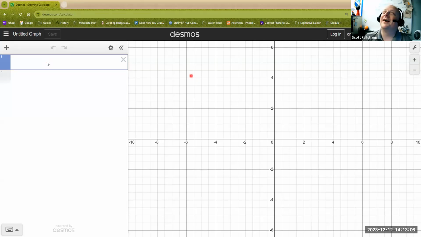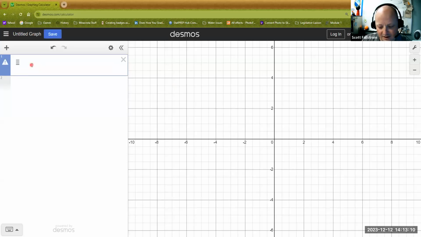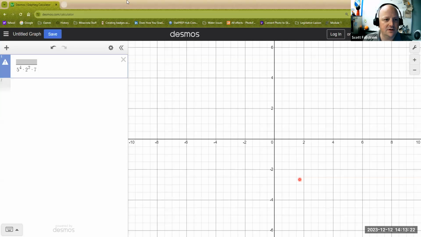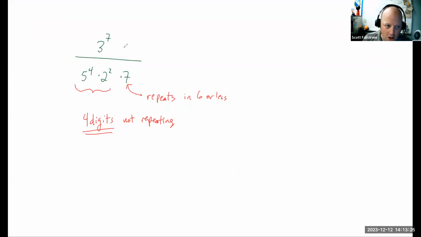I remember the bottom, 5 to the 4th, 2 squared. I'll put that in. So on the bottom, I have 5 to the 4th times 2 squared times 7. What was it on the top? I really should remember these things. 3 to the 7th on top. All right. So 3 to the 7th over 5 to the 4th, 2 squared times 7.